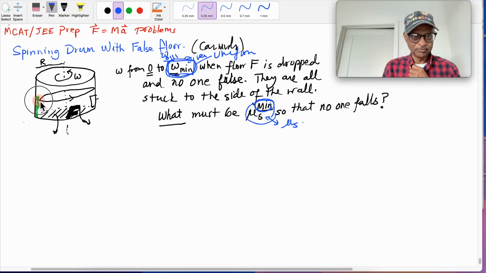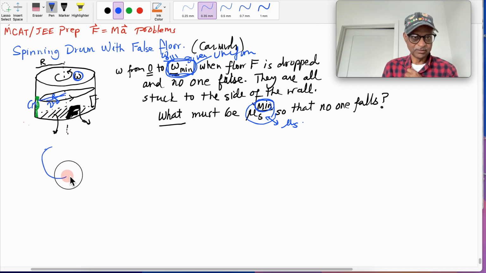If you look at the center of mass of the person, that's the radius r. And angular velocity is omega, so the linear velocity is on this circle.